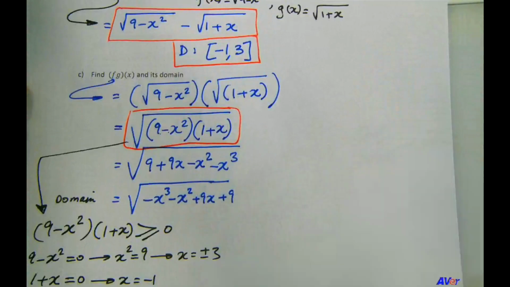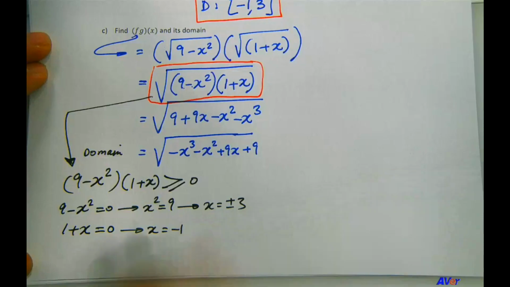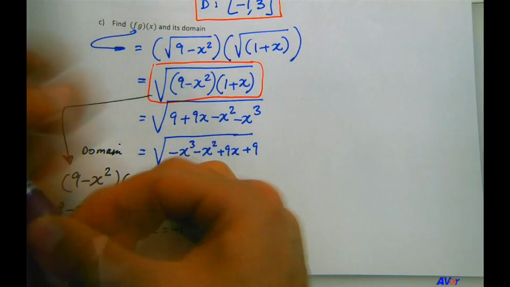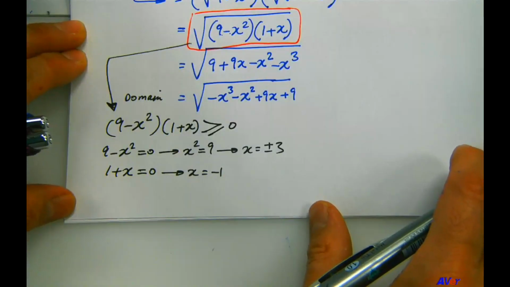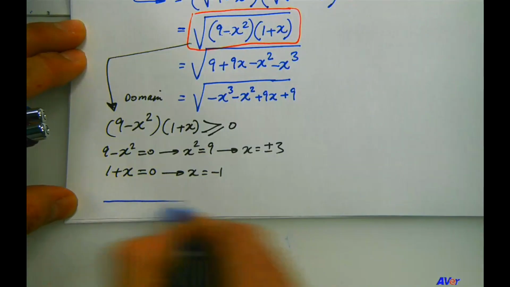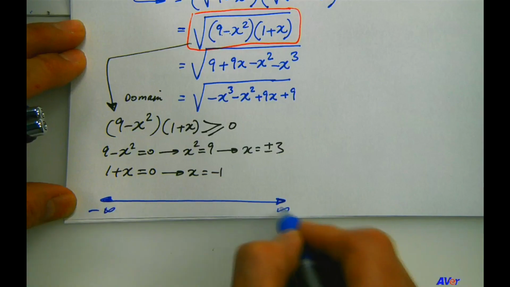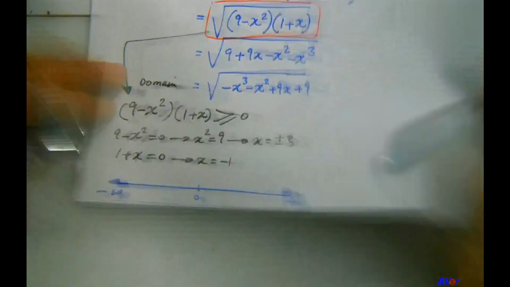That means I hope I have enough space on this paper to finish this solution, but let me draw my graph here. Let's draw a graph here so you can see it right there. So we have negative infinity to infinity with 0 here.